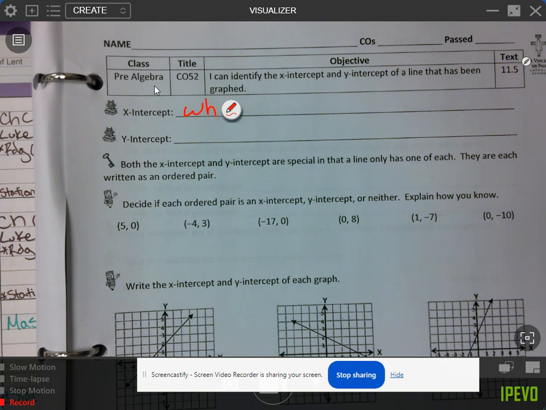X-intercept is where the line crosses the x-axis.